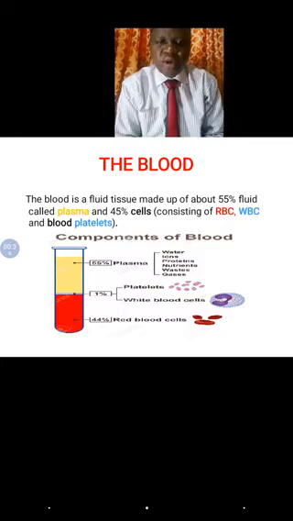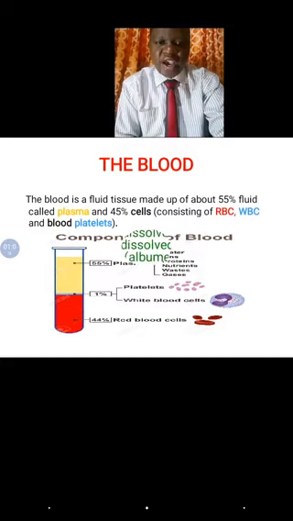The blood is a fluid tissue made up of about 55% plasma and 45% cells, and the cells include red blood cells, white blood cells, and the blood platelets. In the diagram, you can see how each of them is separated out in a test tube when they are centrifuged or spun.